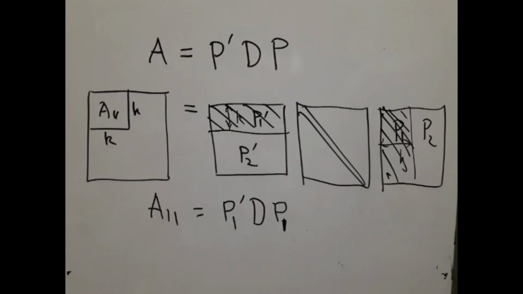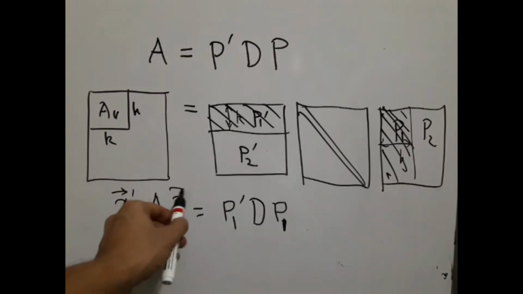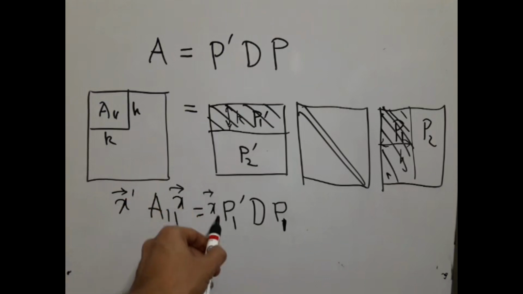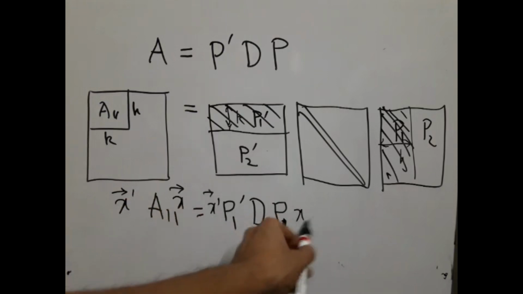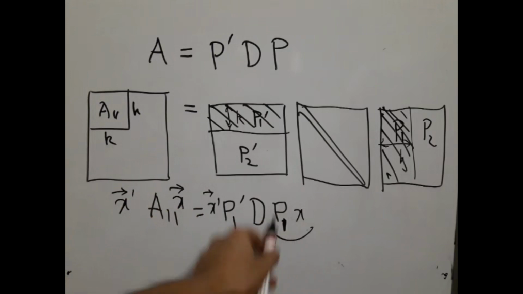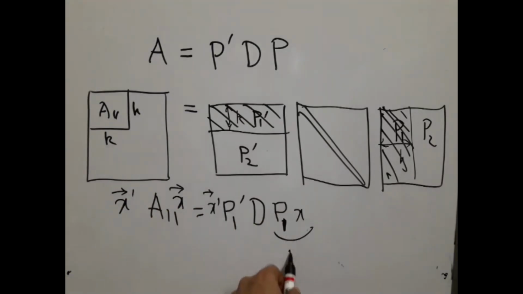And why is that? Suppose I take some X transpose here and some X, so it is X transpose here and X. So if I consider this as Y, then this will become Y prime. So what is it? This is summation d_ii y_i squared.